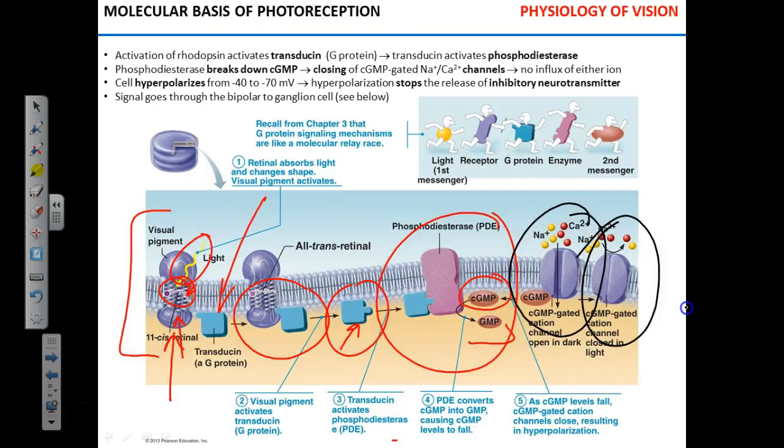It will stop. When flow of positive ions into the cell stops, positively charged ions do not go into the cell anymore. What's going to happen to the membrane potential of the cell? It's going to be more negative, which is called hyperpolarization. Very good.